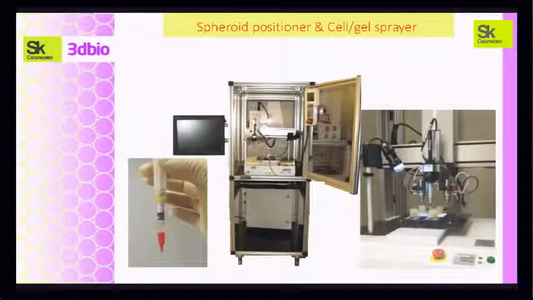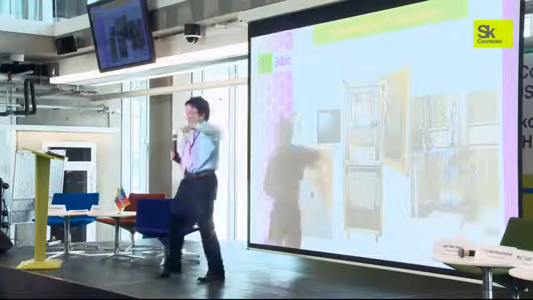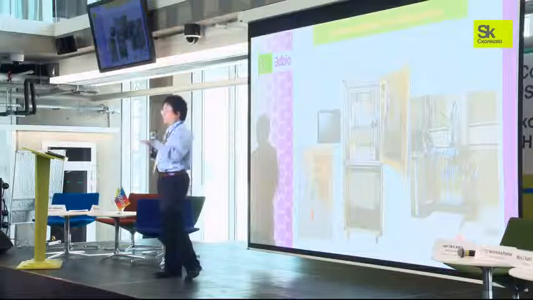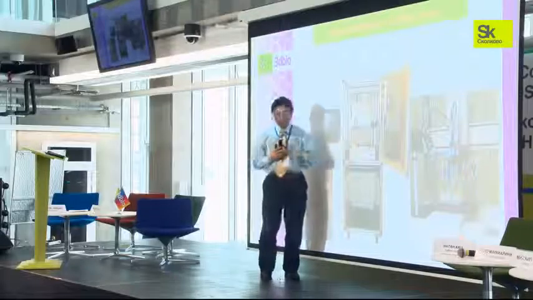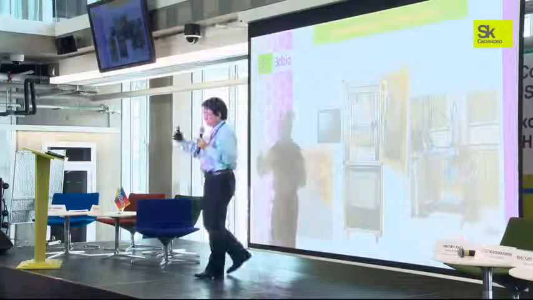This is the basic design. You can see the printing head. Currently we have one positioning head. We are developing another one with 5 different positioning heads, allowing us to position multiple different cell spheroids from the same machine. They also have 2 nozzles that allow us to spray a solution to attach and integrate those spheroids together.